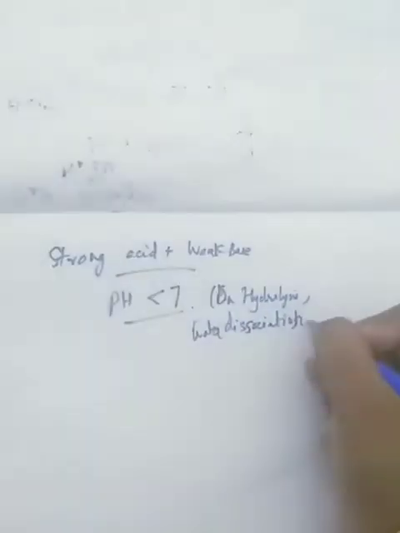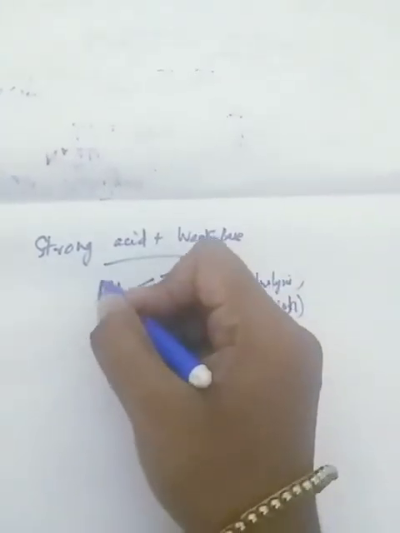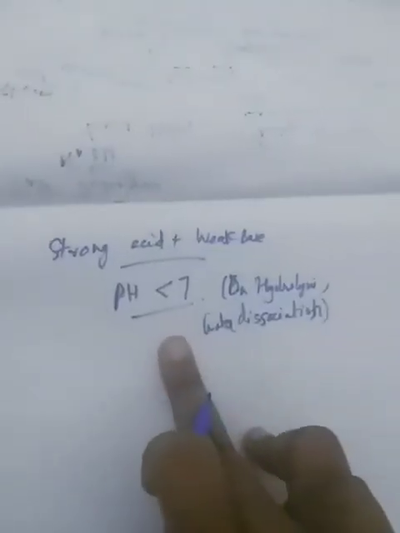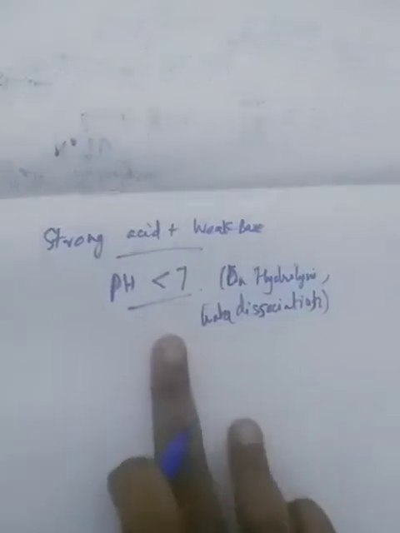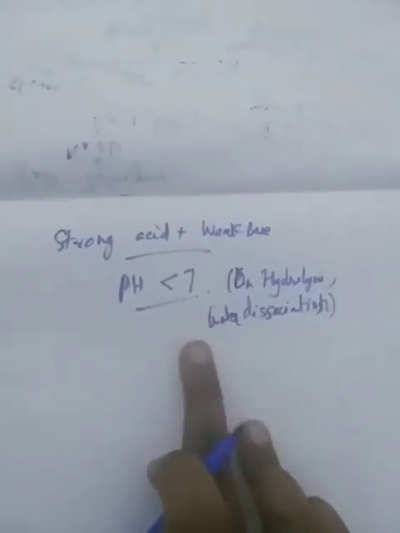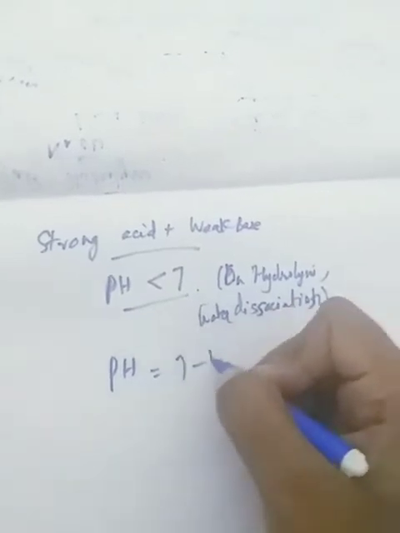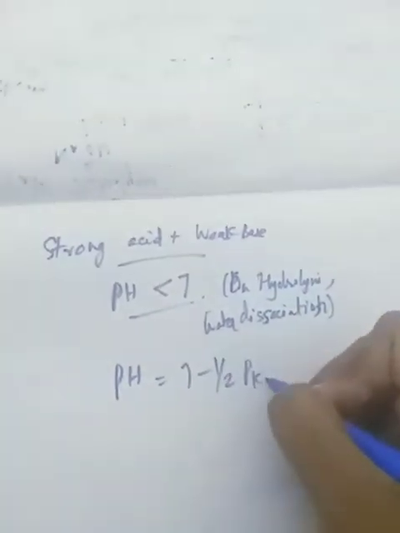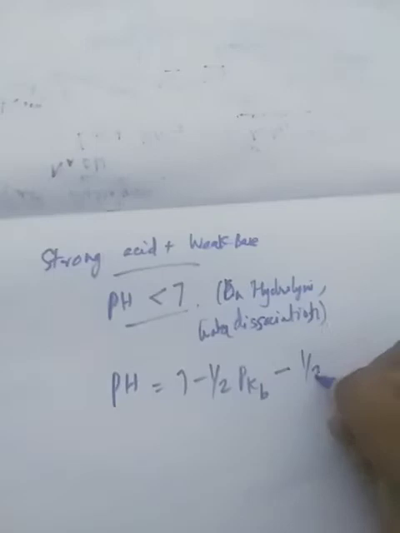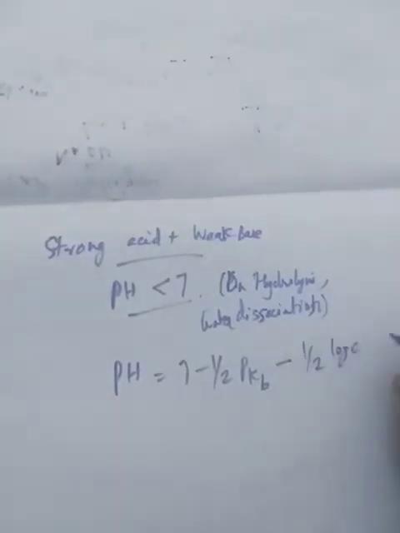If you further calculate, we will get pH equal to 7 minus 1 by 2 pKb minus 1 by 2 log C, because it is a base.